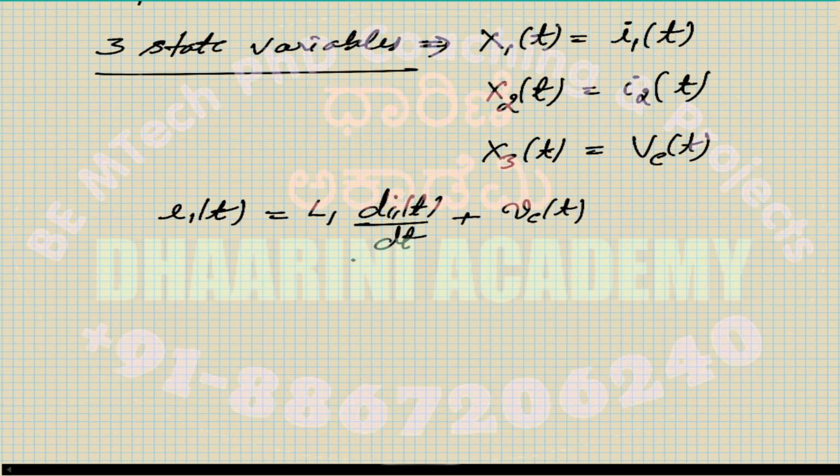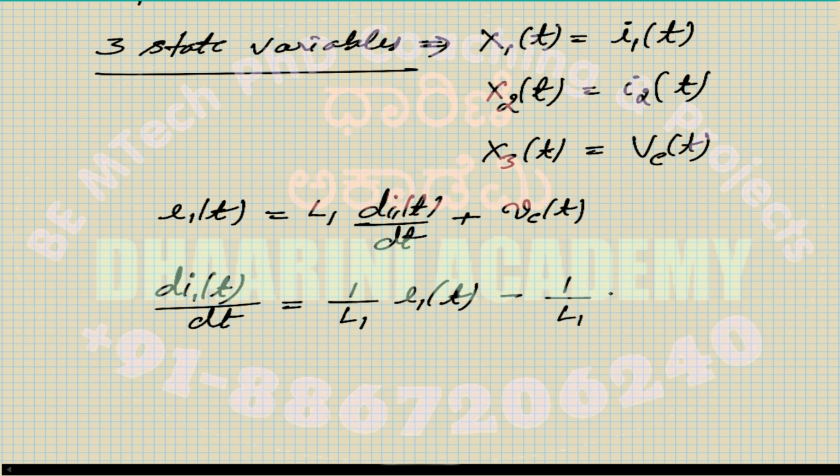So you directly get di1 by dt here. di1 of t by dt equals 1 by L1 into EI of t, and Vc goes to the other side as a minus, so minus 1 by L1 into Vc of t.